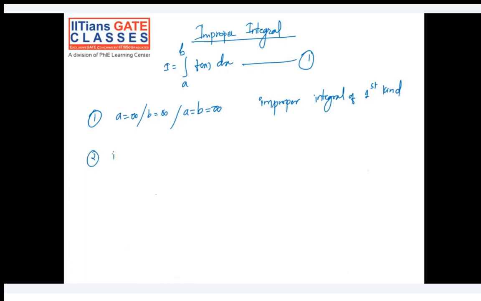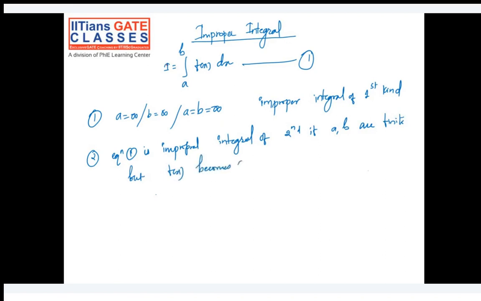Equation 1 is an improper integral of second kind if a and b are finite, but f of x itself becomes infinite in the closed interval [a, b]. So either at point a or at point b or any point in between a and b, then you call it an improper integral of second kind.